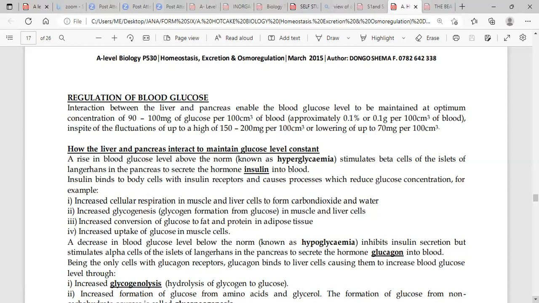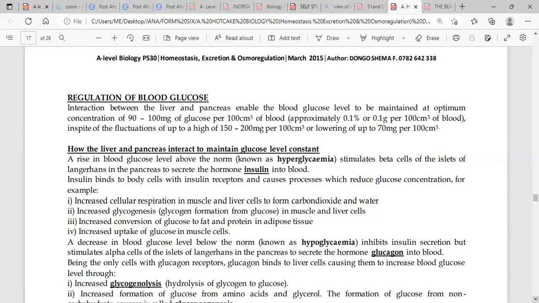There is increased glycogenesis, that is conversion of glucose to glycogen in the muscles and the liver cells. Glucose is being converted into glycogen for storage. There is increased conversion of glucose to non-carbohydrate substrates, such as fats and proteins in the adipose tissue. And also, it increases the uptake of glucose in the muscle cells.